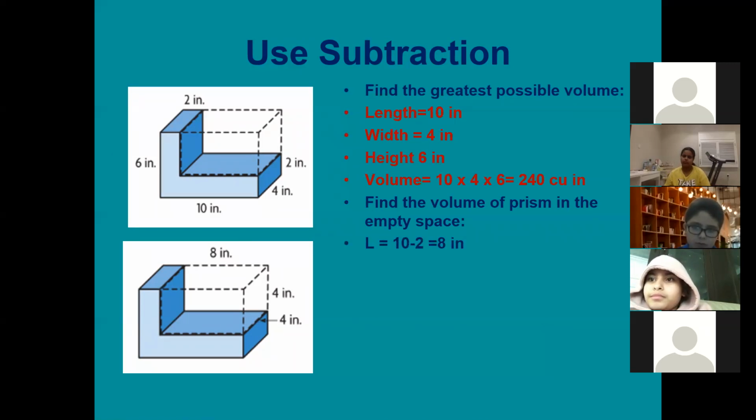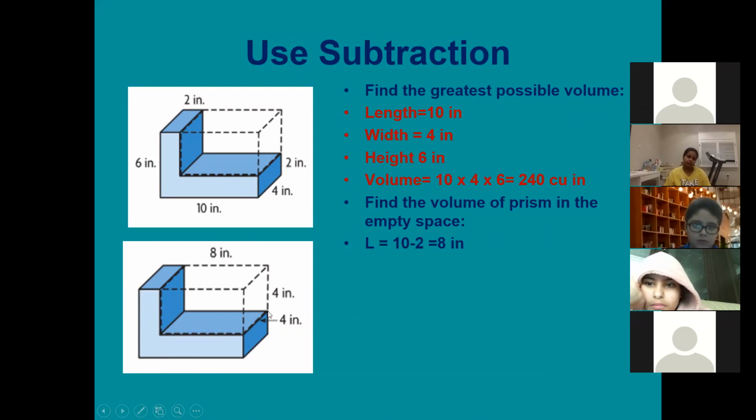What is the length? From 10, you will subtract this part, this 2. The whole length is 10. From this, you will subtract these 2. So you will get 8. The length will be 8.